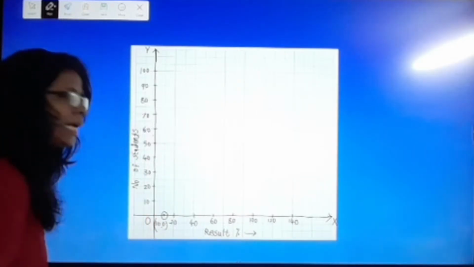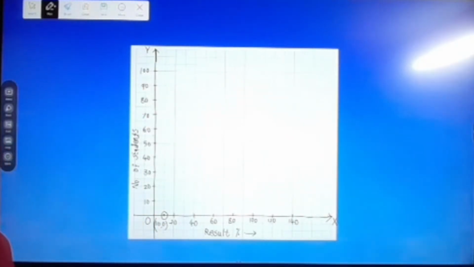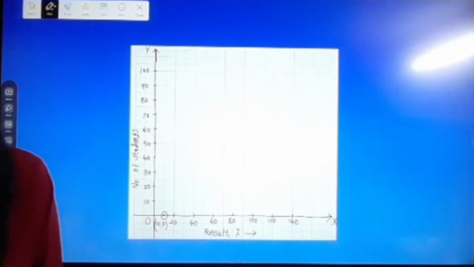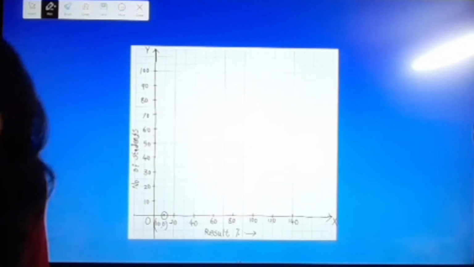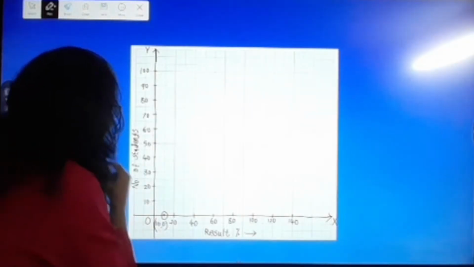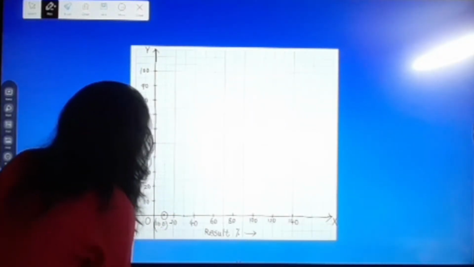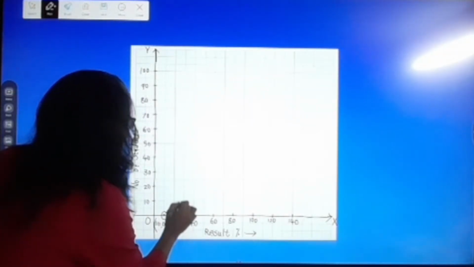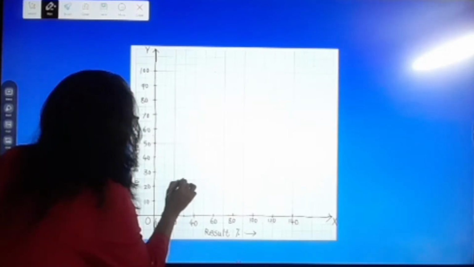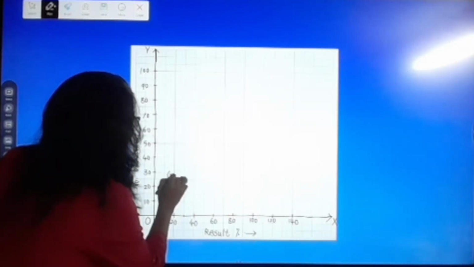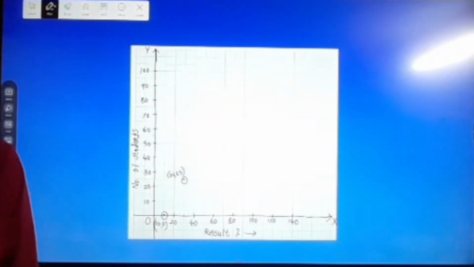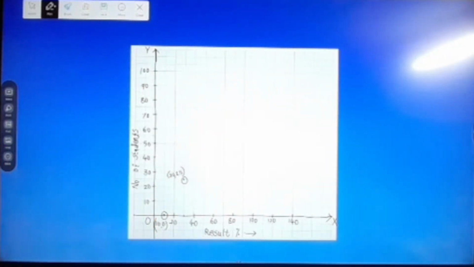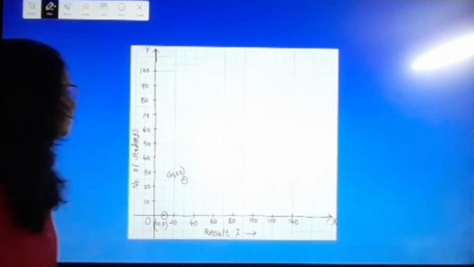Next one students, 30, 25. So here is the 30 and the 25 is here. Okay, this one 30, 25.